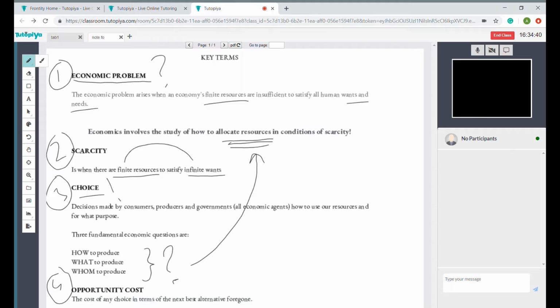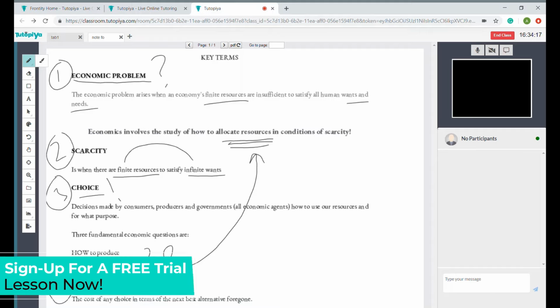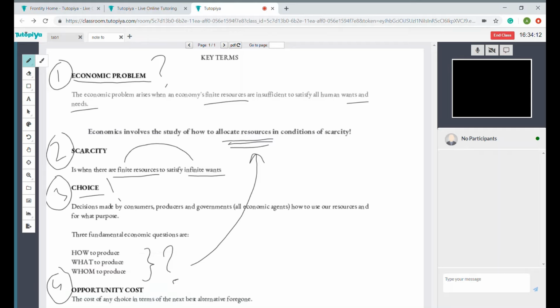So, when we decide to consume a certain good, when we decide to produce a certain good, or when we decide to spend government money on a certain activity, we are choosing to go ahead with that activity and we are deciding to forego our alternatives. So when we have a set of choices, we must make a decision on one of them. That brings us to our 4th concept, opportunity cost.